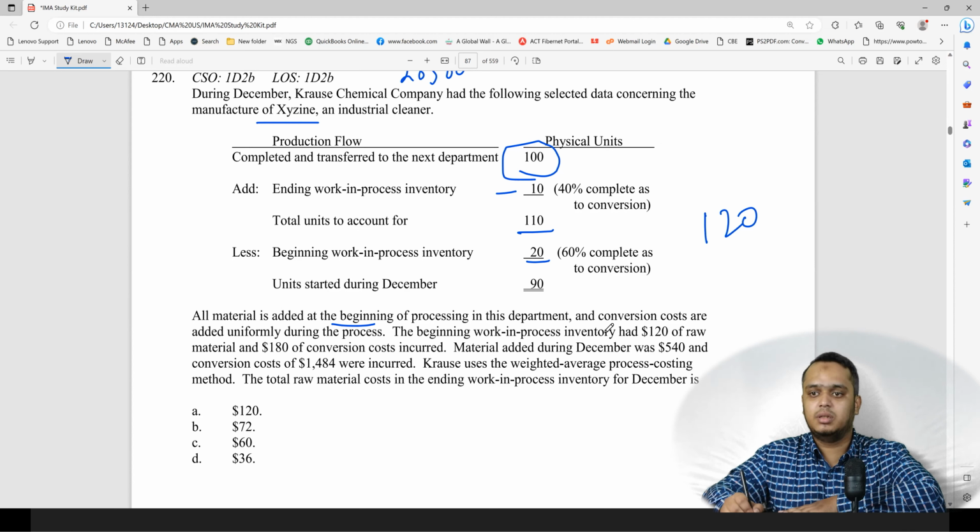Material added during December was 540, and conversion costs of 1,484 were incurred. Cross uses a weighted average process costing system. Weighted average again means we have to take 100%. He's asking only the raw material cost in the ending work in progress, not the conversion cost. So basically, I have written it down also, 120 here and 540 here. So the total of this is how much?